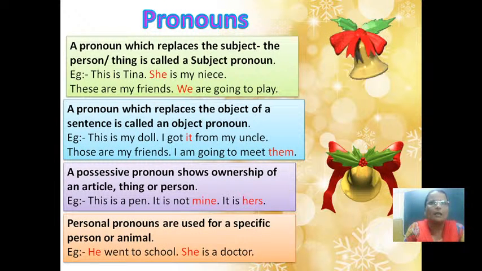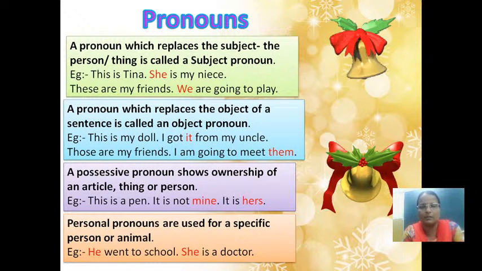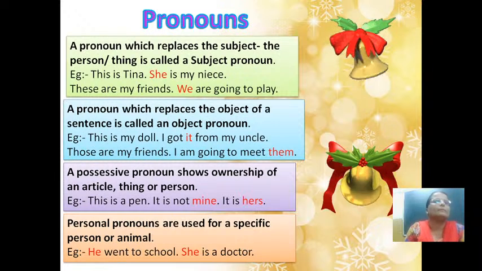We learned what an object pronoun is, which replaces the object in a sentence. We learned that a possessive adjective shows the possession of something. And personal pronouns are used to replace a specific person or an animal.